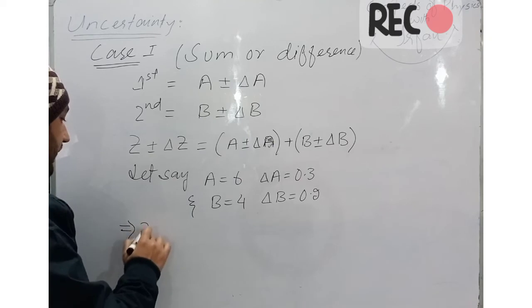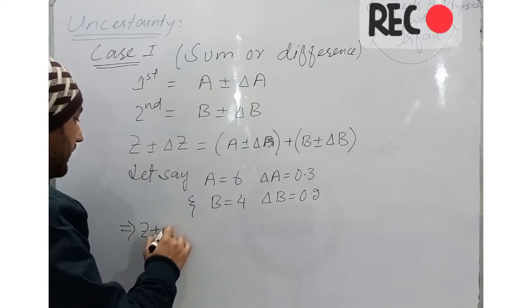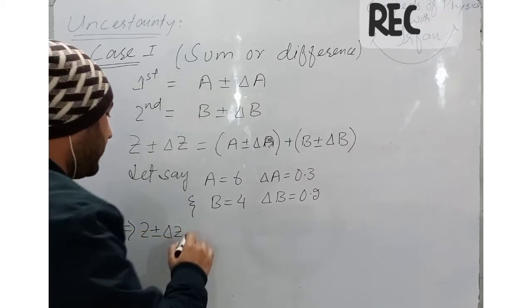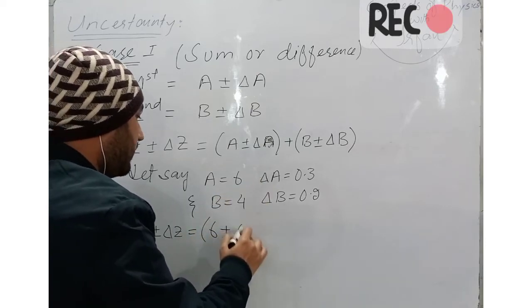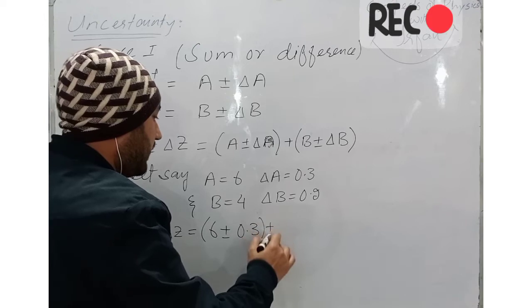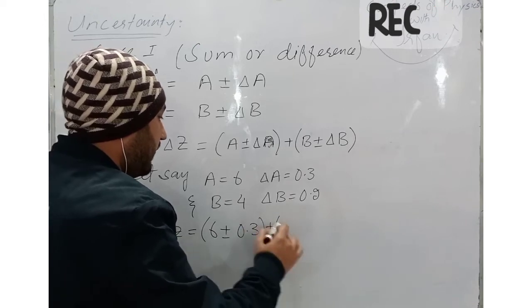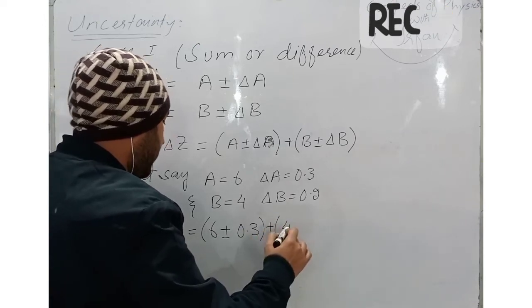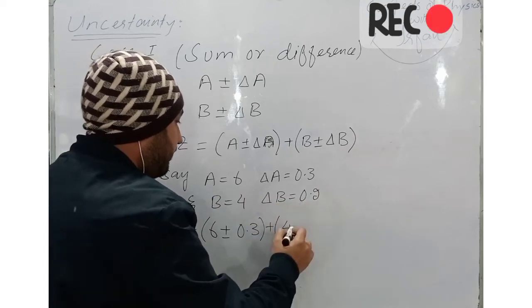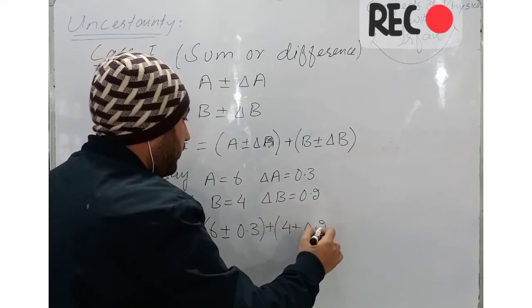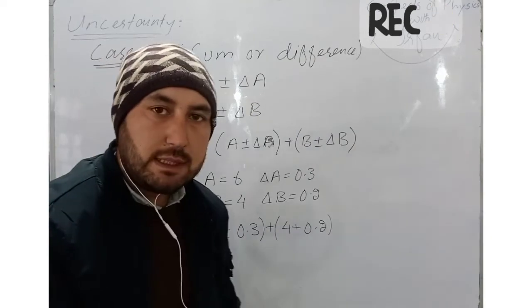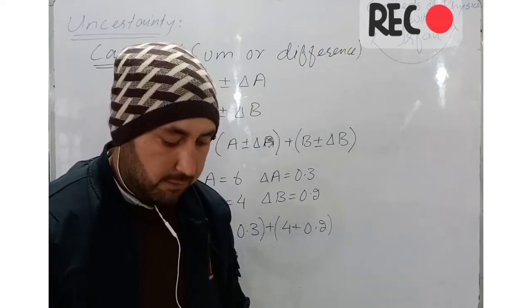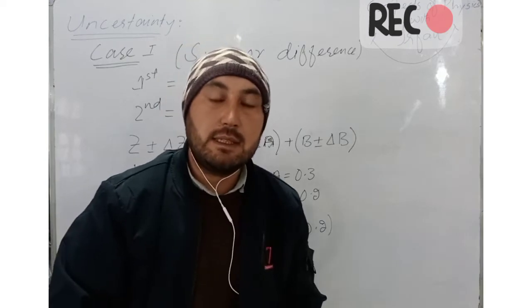So Z plus or minus delta Z can be written by just replacing the values: 6 plus or minus 0.3, plus 4 plus or minus 0.2. Whenever 2 quantities are in sum form, their uncertainties will be added.